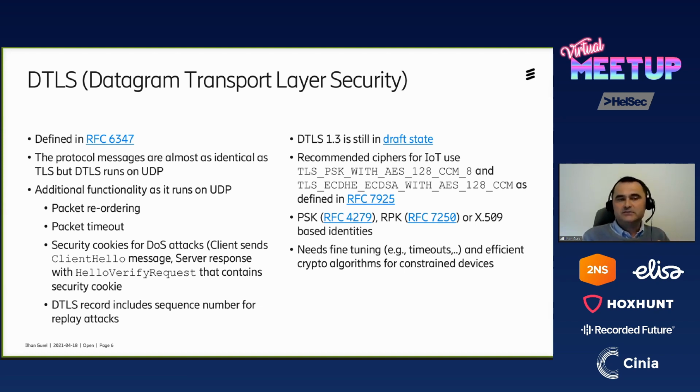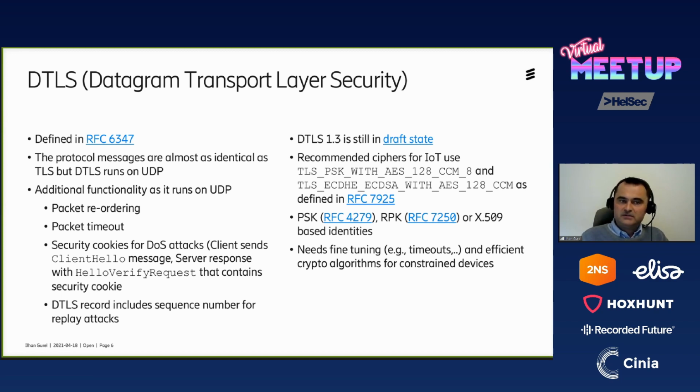The reason DTLS is popular for IoT devices is that it runs on top of UDP, and the UDP protocol stack is much smaller than the TCP stack. Space can matter a lot for constrained devices. So I think that's one reason why DTLS is used in the IoT domain.